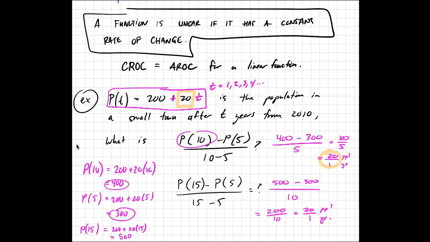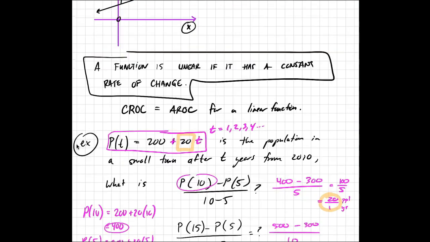That sounds like 20 per 1, right? A change of 20 per a change of 1. So a function is linear if it has the same rate of change everywhere. We call this constant rate of change the slope of the line.